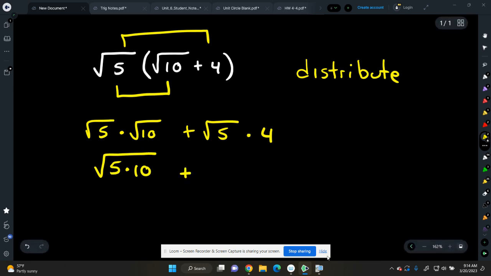Now over here, the 4 is not under a radical, so we're going to go back to elementary school. What does it mean when we multiply? If we do 2 times 4, that means we're doing 2 how many times? 4 times.